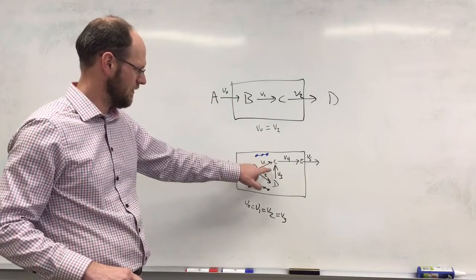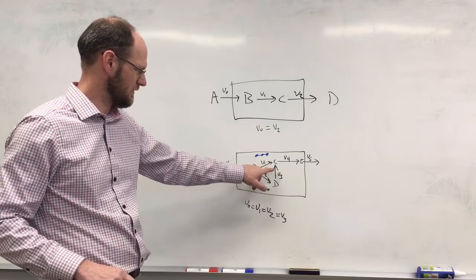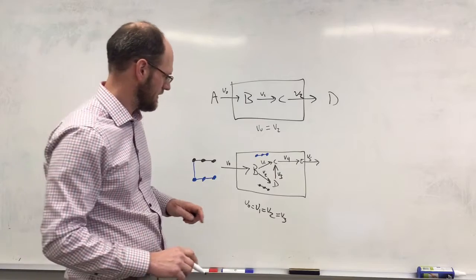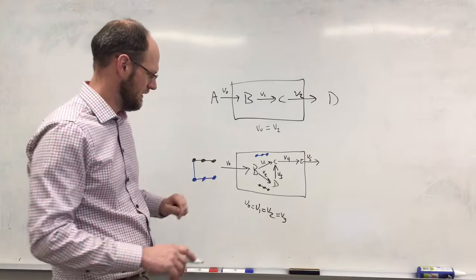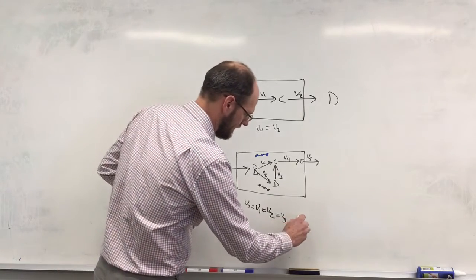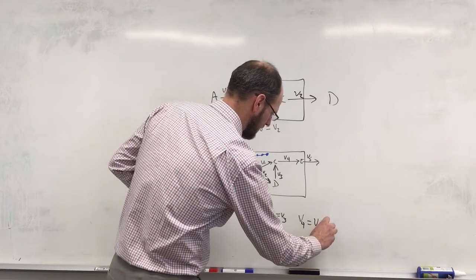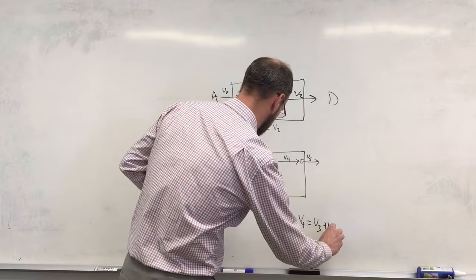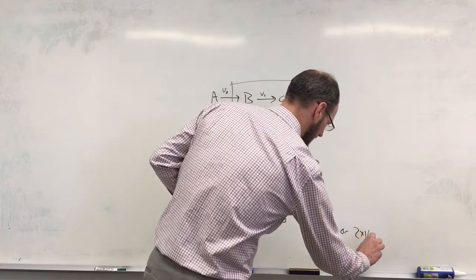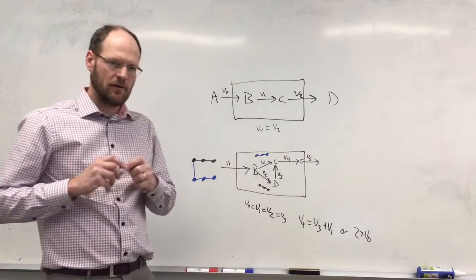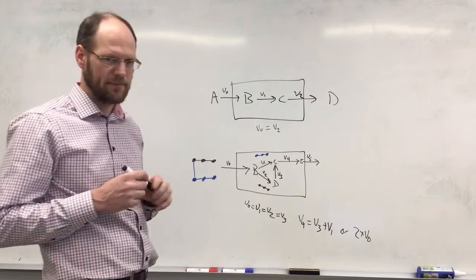You have 2 moles coming into C from these two different places, and so if carbon is exiting the system at the same rate that's entering, then V4 must equal V3 plus V1, or 2 times V0, right? So, and this is going to be the same here also for V5.